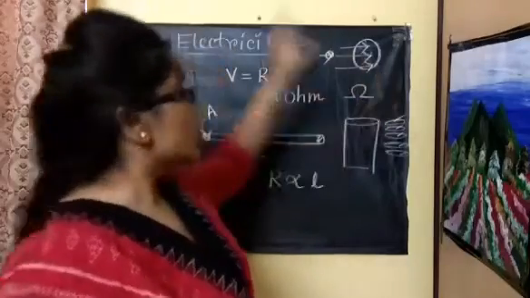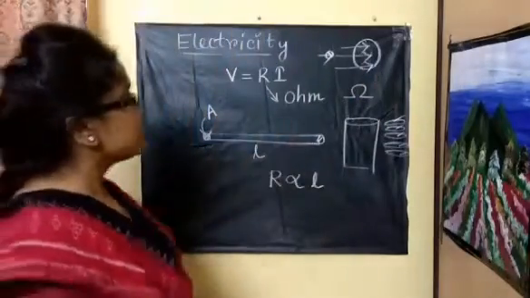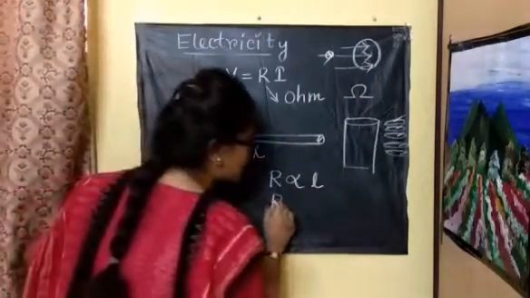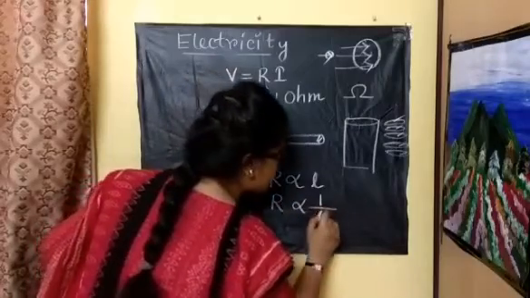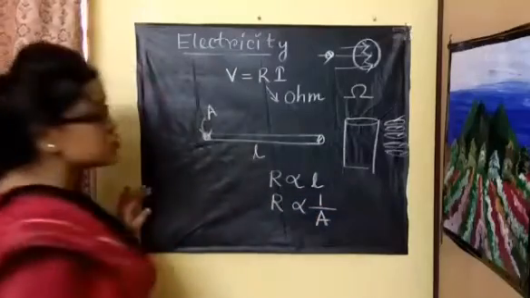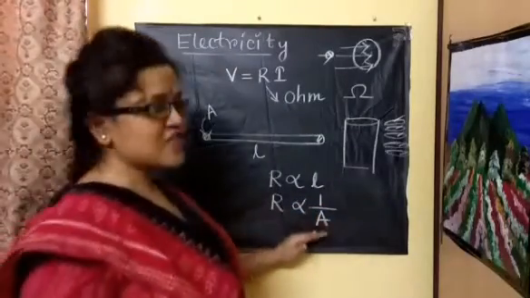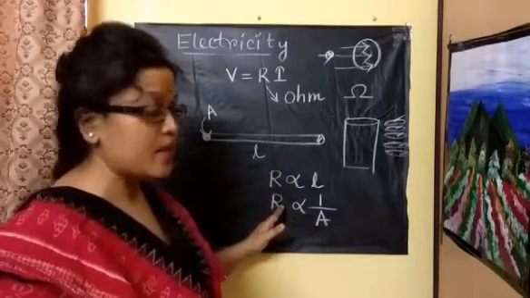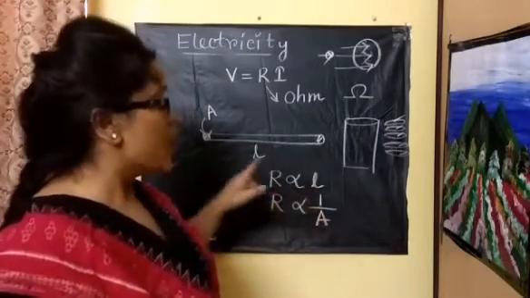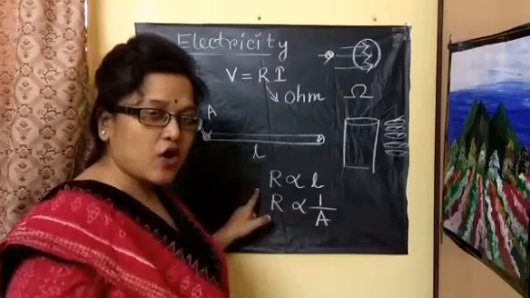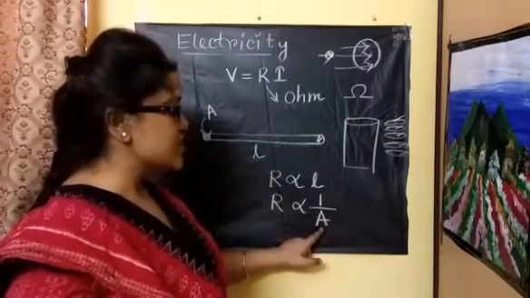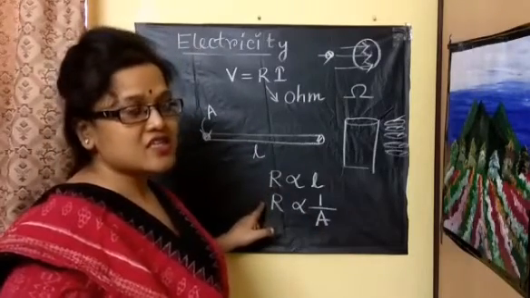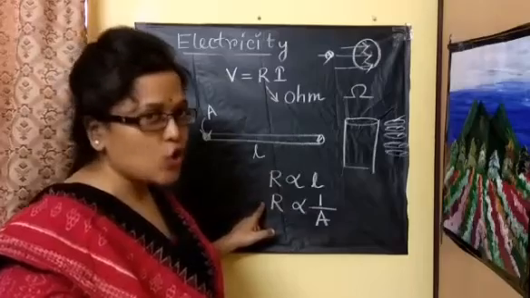Yes or no? Yes. So R is inversely proportional to the cross-sectional area, which means more the cross-sectional area, less the resistance offered by the conductor. Remember, more the length, more the resistance offered, and more the cross-sectional area, less the resistance offered. I think no confusion.